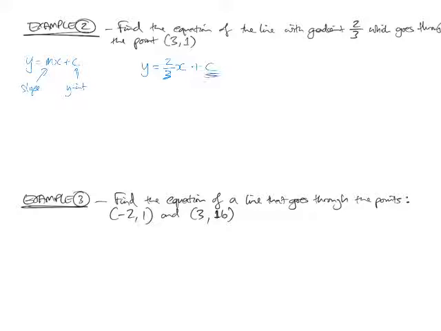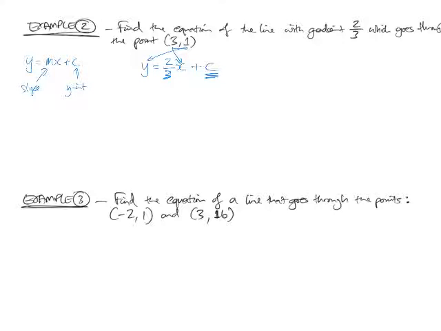The problem is we don't know what c is this time, but what we do know is the rule that governs the relationship between x and y in the point. So we can plug that point into the formula to work out what c is.